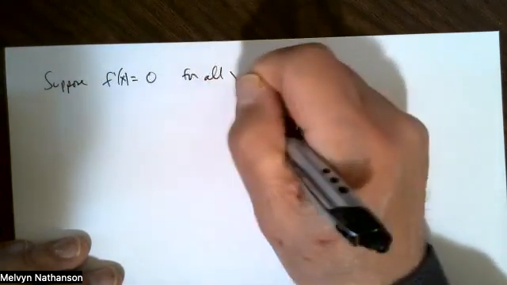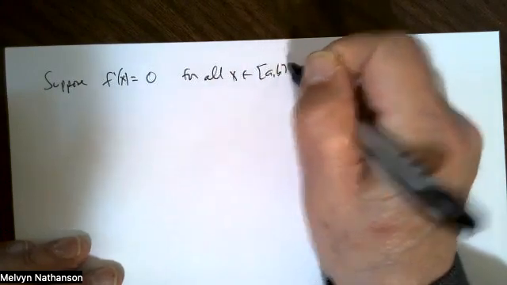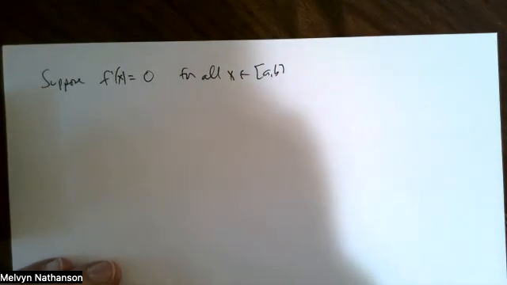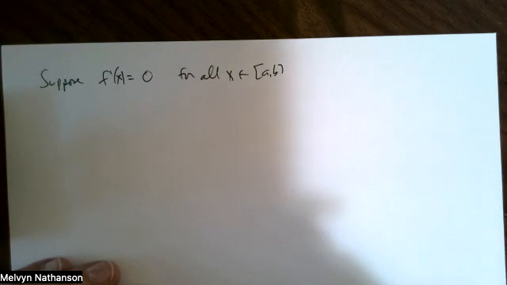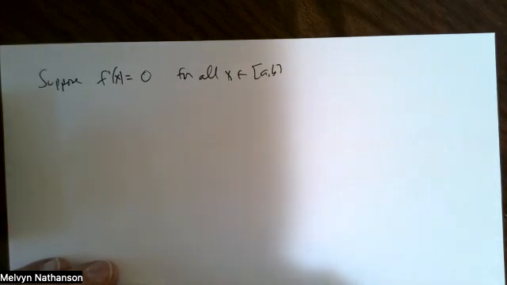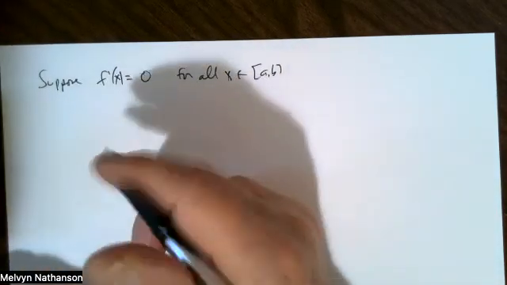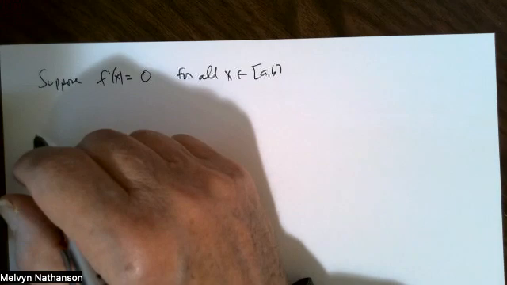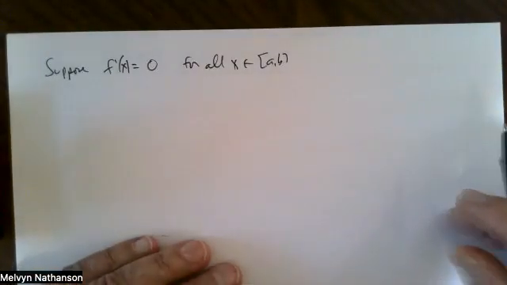What is one very important and immediate consequence of the mean value theorem? Suppose you have a function f where the derivative f prime of x equals 0 for all x in the interval from a to b. So suppose we take 2 points between a and b.